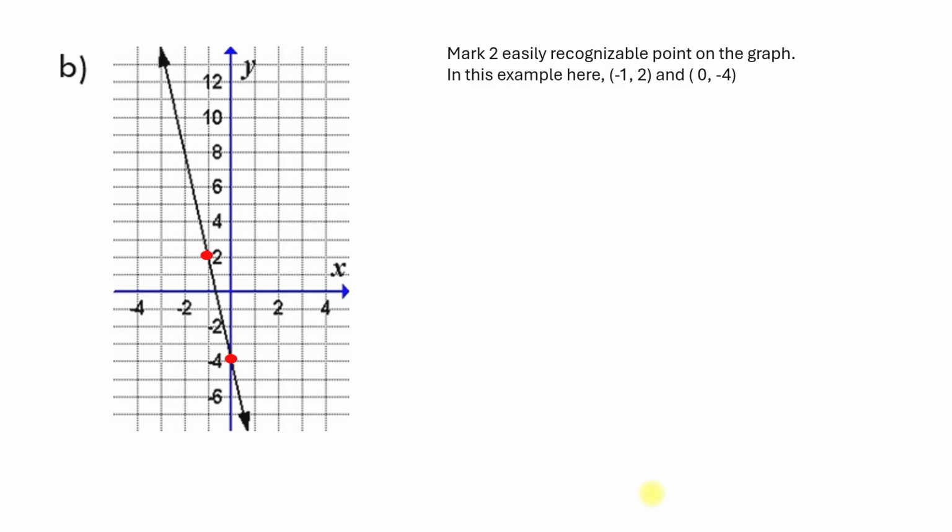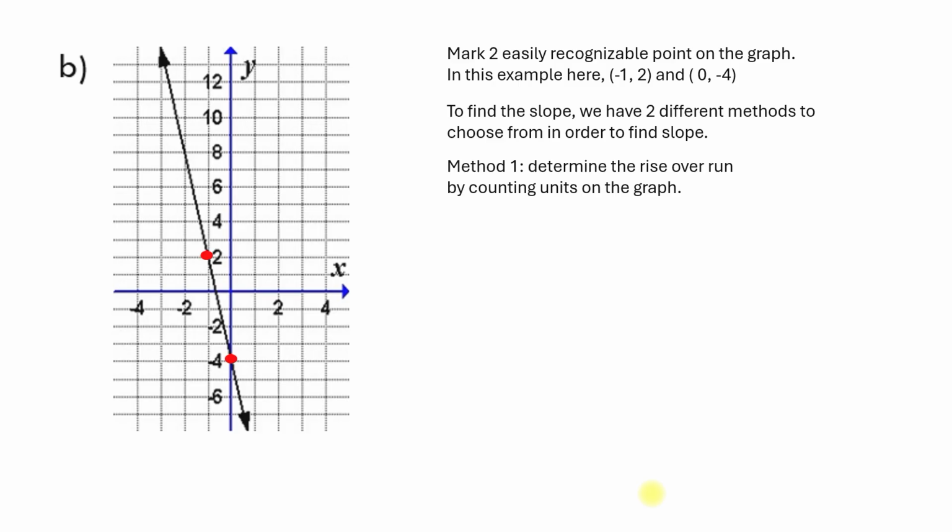The first method is to simply count the units. So following the animation of the green line on the graph, we move 1 over, that's our run, and then down 6, that's our rise. Our rise over run is -6 over 1, or just simply -6.